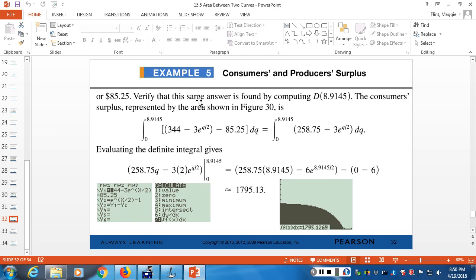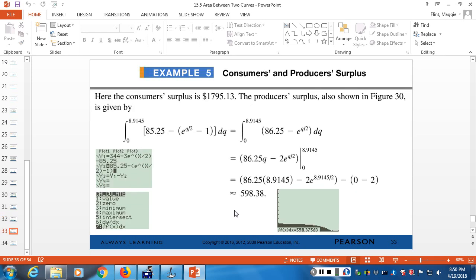So you want that to be the bottom of your area. And that comes out to be 1795.13. Okay? And it comes out the same way on the calculator. That means the consumer surplus is $1,795.13.